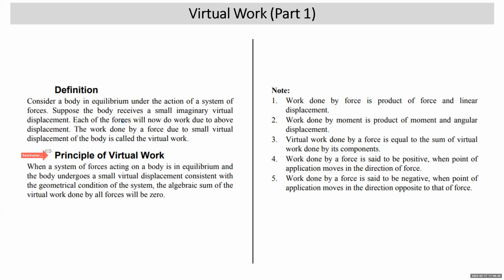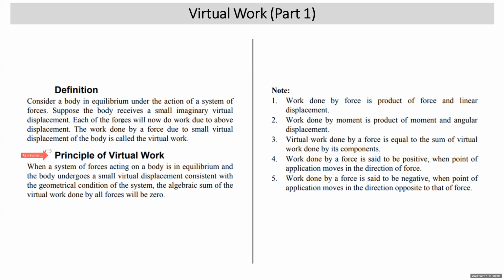Now, in the definition we have used the words consistent with geometrical conditions of the system. What is the meaning of geometrically consistent? Suppose you have a straight bar. You have to give the displacement to the bar in such a way that its straight nature is not disturbed. I mean, you should not bend the beam. You can rotate it, take it up, take it to the right, give the virtual displacement in any manner, but its geometry should not be disturbed.